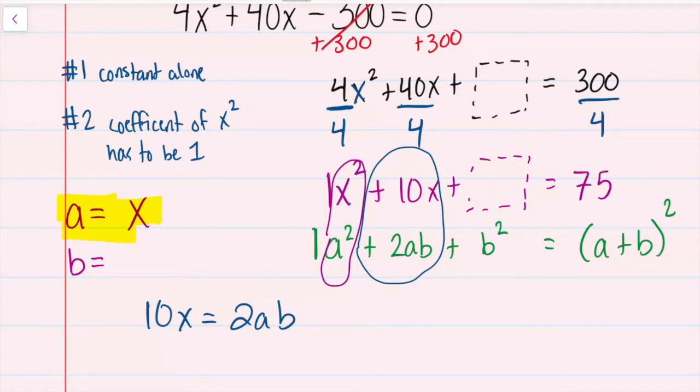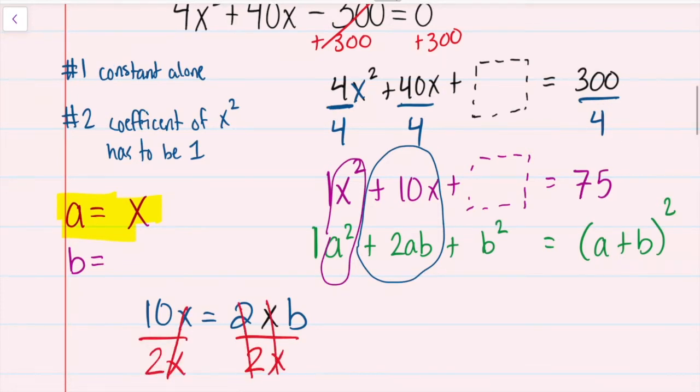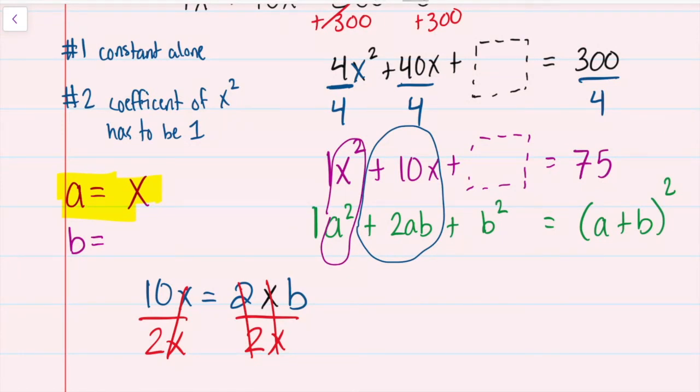So couldn't I just replace the a with an x? Don't forget there was a b there. So if I were to divide, let's leave the b alone. Divide those two. These cancel. The x's cancel. So in reality, b is equal to 10 over 2. But guys, what's 10 over 2? Isn't it just 5?